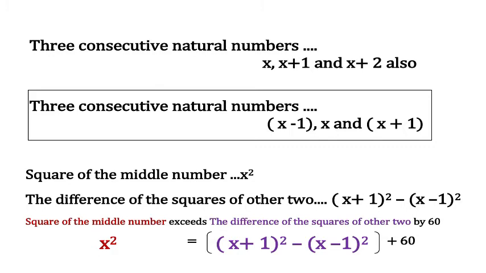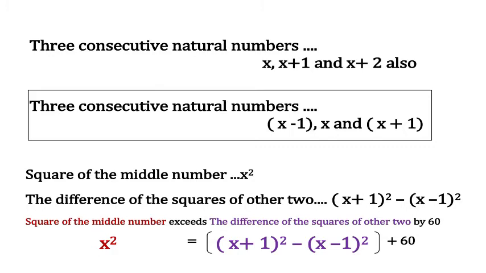As they are all positive numbers, x minus 1 is the least and x plus 1 is the greatest. So when you are considering the difference of the squares of the other two, take the greatest number first and then the smallest one. So how to write the difference of the squares of the other two? That is x plus 1 whole square minus x minus 1 whole square.